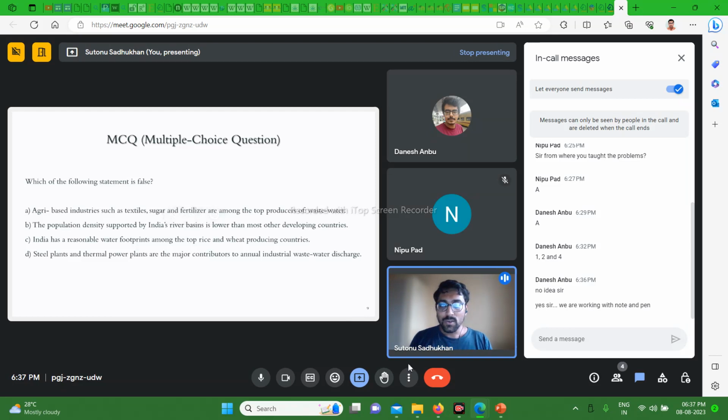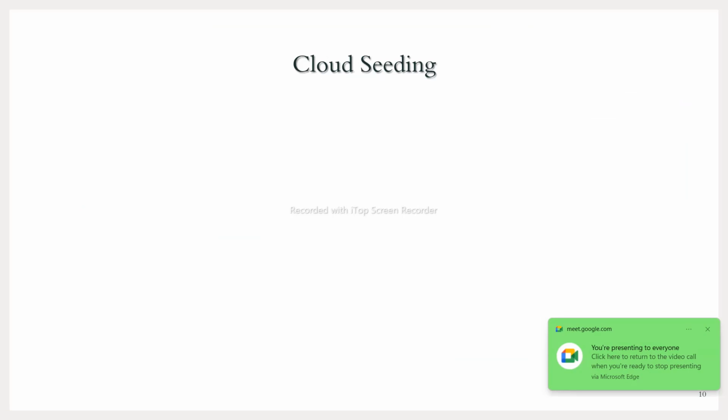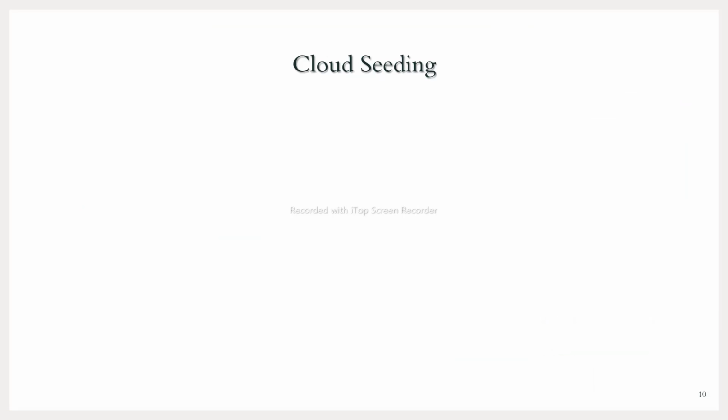Okay, so while people think through the problem, let us clarify some doubts which people had in the last session. People wanted to go a bit deeper into cloud seeding.